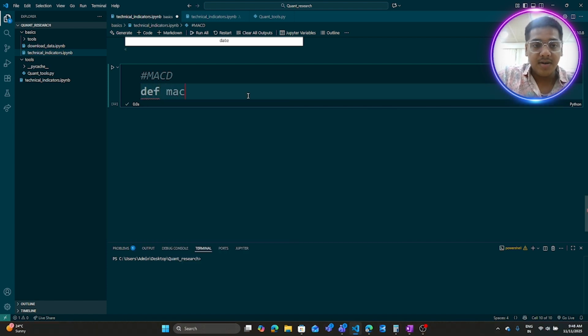I'll create def MACD, my function name will be MACD. I'll enter price, then short period, and I'll set the value as 12, then long period as 26, and signal period as 9.